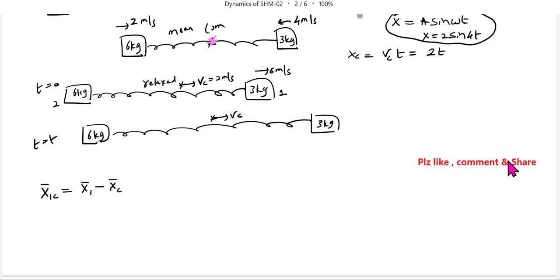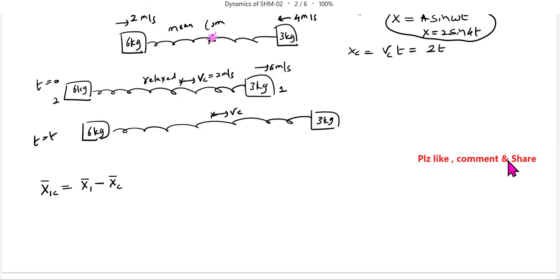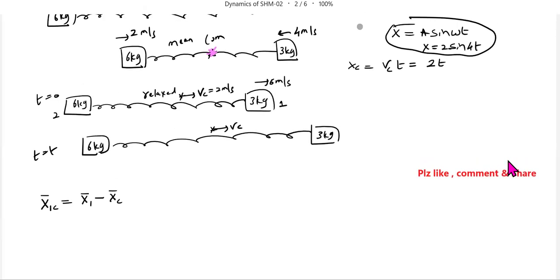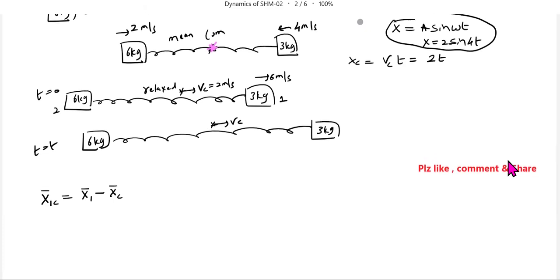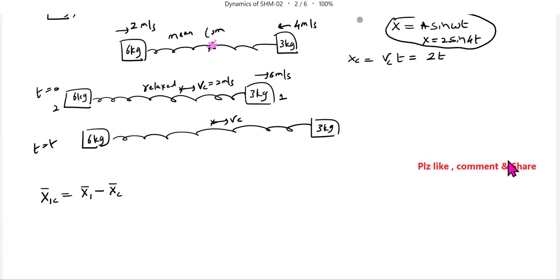Okay, fine. Now we'll take help of the same idea here. This should be with respect to center of mass. The 3 kg block initially will move towards right, so this will be 2 sine 4t. Displacement of the block with respect to ground, we don't know. Displacement of center of mass will be 2t.